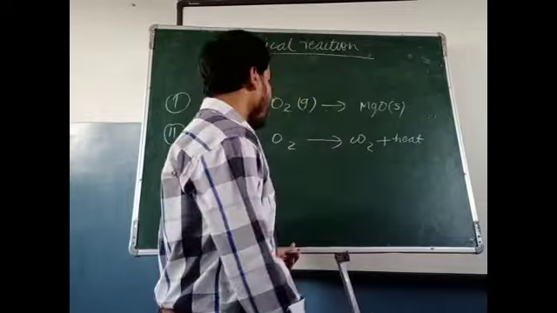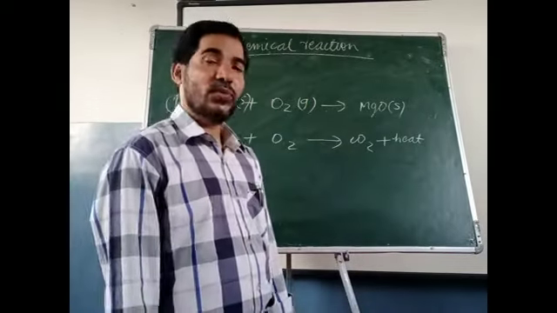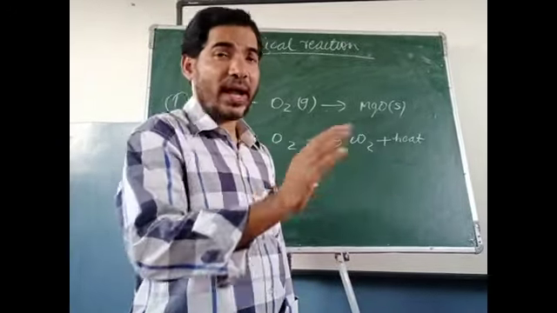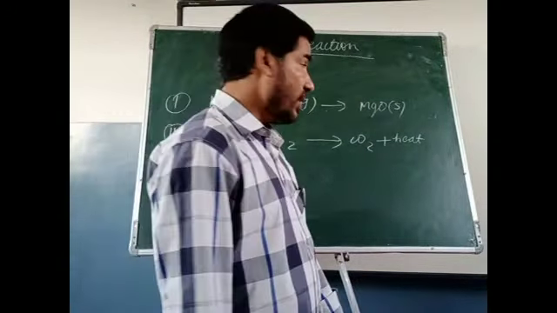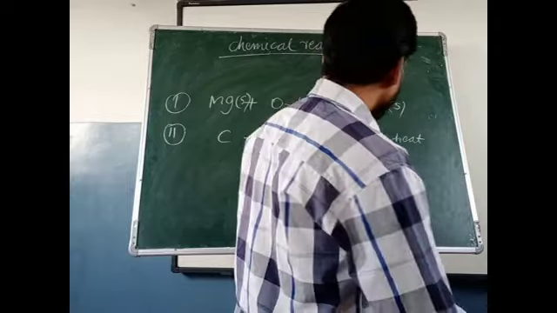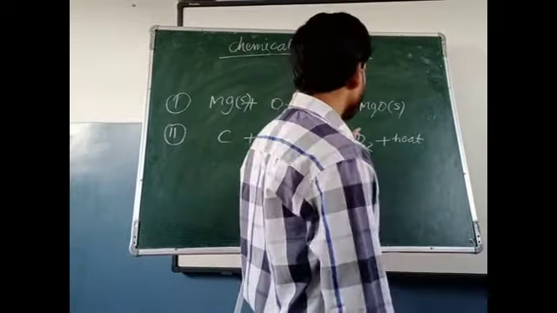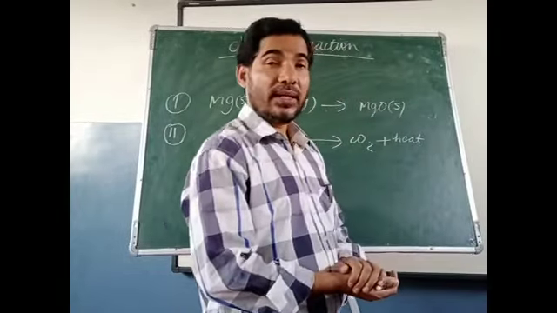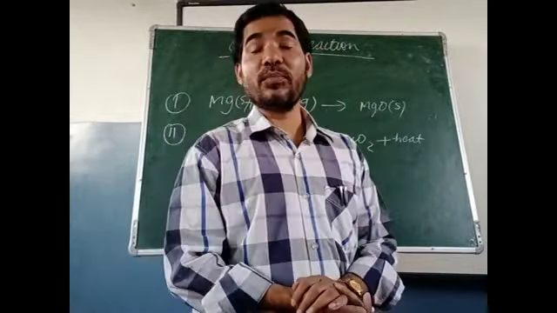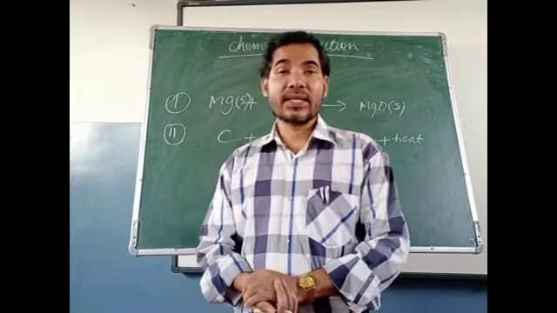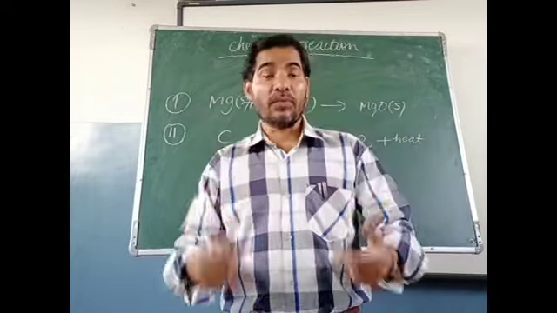So by a chemical equation we can identify whether a chemical reaction is exothermic or endothermic. How will you identify? Listen. If in a chemical equation heat is written with positive sign towards the product side, then it will be the example of exothermic reaction. Because what is an exothermic reaction? Those reactions in which heat is evolved.